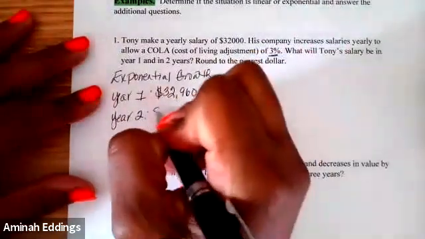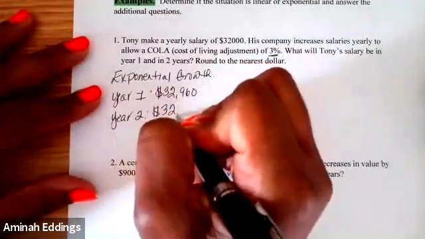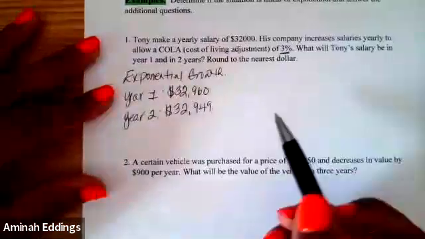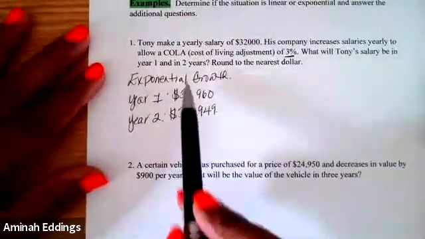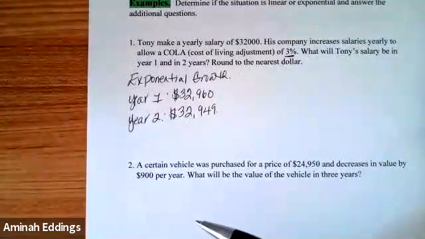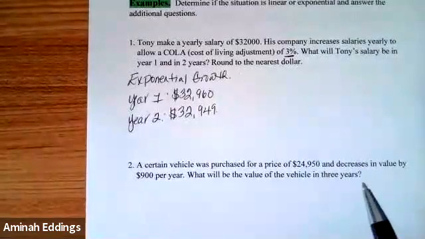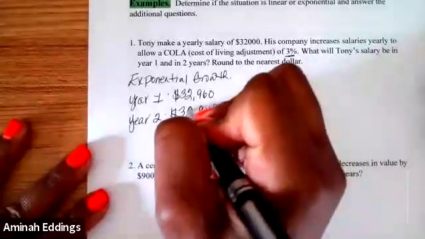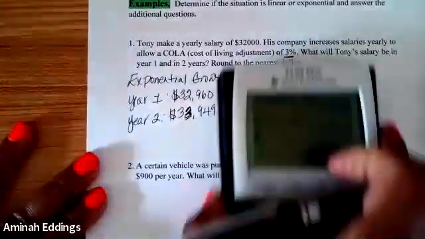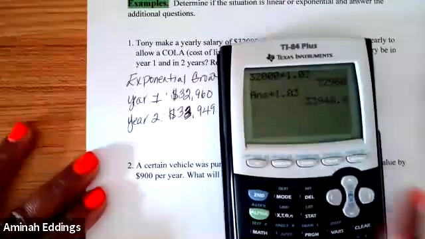So he would be at $33,949. Okay, questions on where these numbers are coming from? And that 33,000 in year two? It is, thank you. Thank you so much, 33. Yes, I just wrote that down wrong, yes, okay.